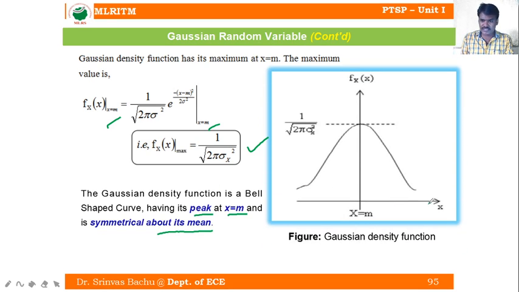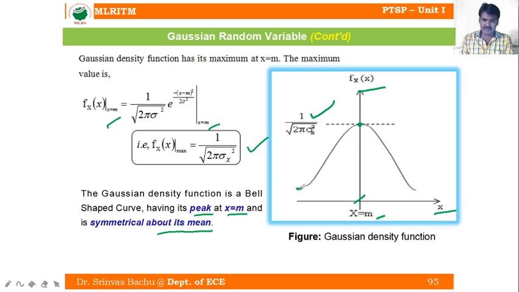Now this is my x-axis, the random variable values, and the y-axis is the density function of the random variable. On the real axis we mark the mean value of the random variable capital X, which is equal to small m. At this point we get the maximum value, 1 by root of 2 pi sigma square x.